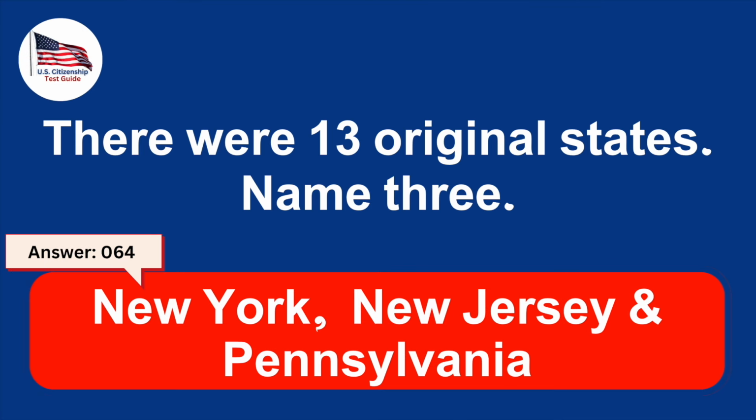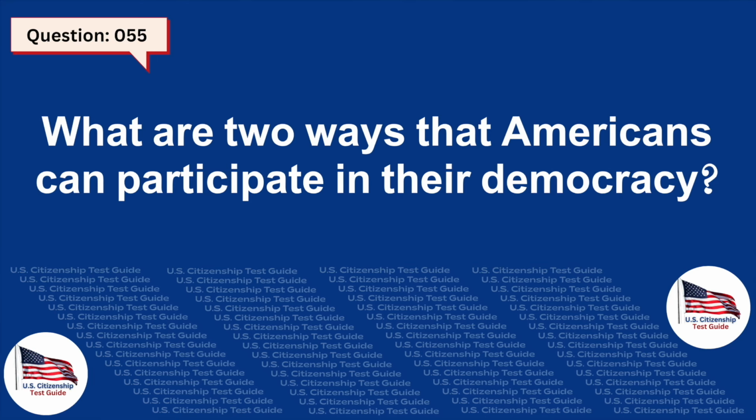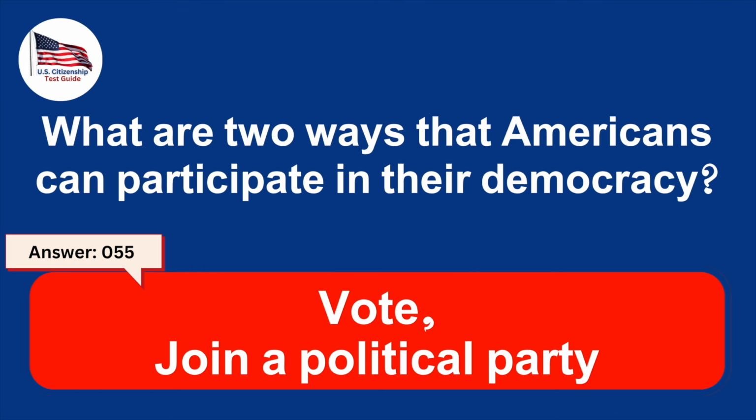New York, New Jersey, and Pennsylvania. What are 2 ways that Americans can participate in their democracy? Vote. Join a political party.